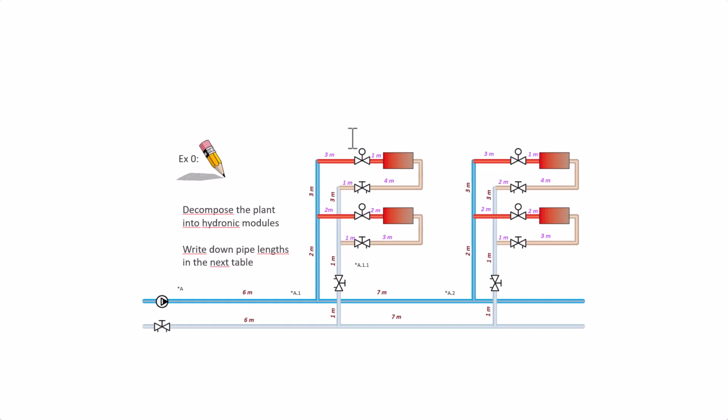We continue with the star A.1.2, so the second circuit of this riser. Here we will have A2 and the first one, so star A.2.2.1, and here we will have the star A.2.2.2.